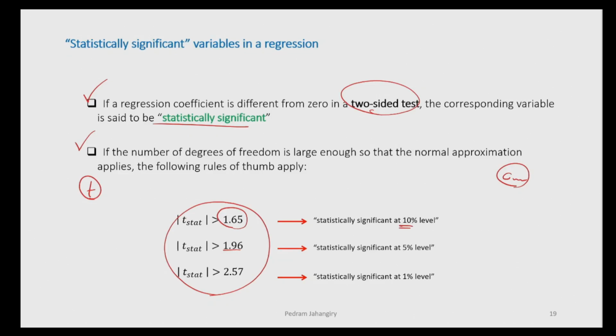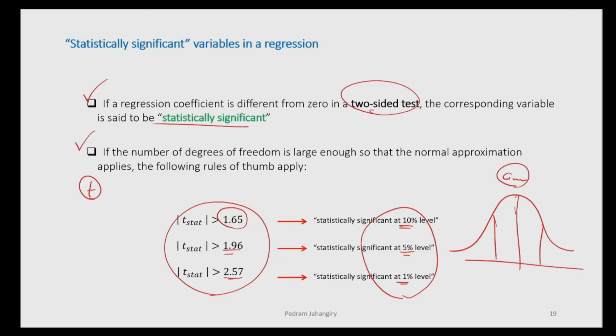If it is greater than 1.96, 5%; 2.57, 1%. Where are these numbers coming from? You remember the rules of thumb from the normal distribution? We had these before: 1 standard deviation, 2 standard deviations, 3 standard deviations. Sorry, 90%, 95%, 99%. So these are 10%, 5%, 1%.